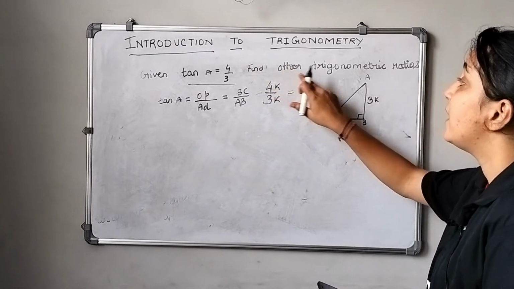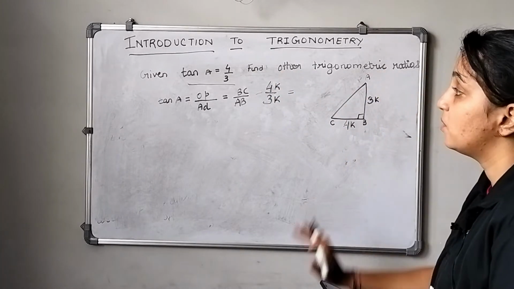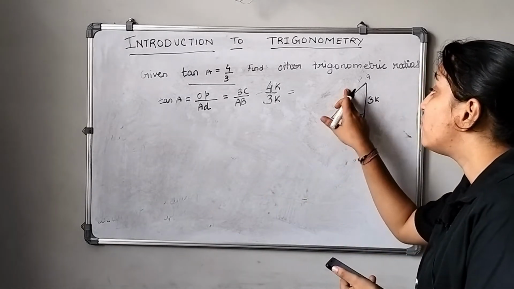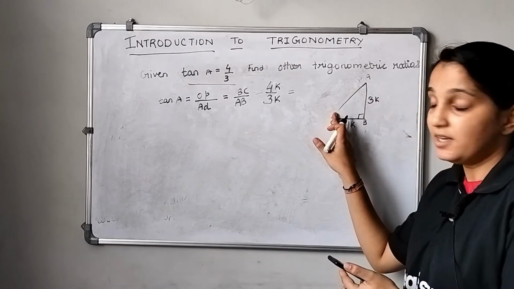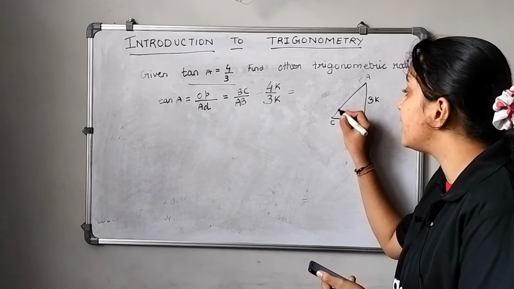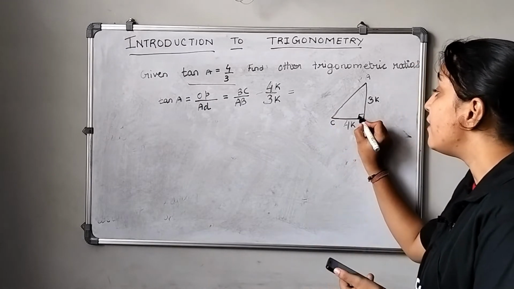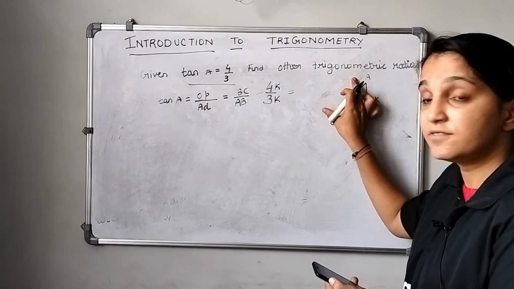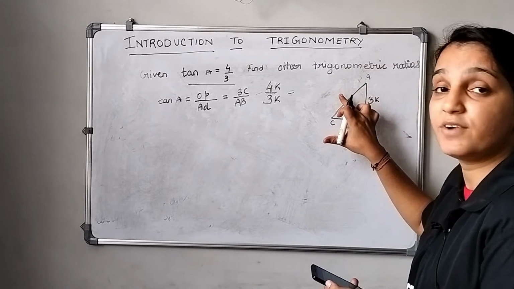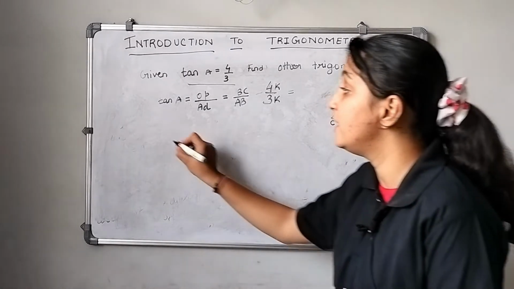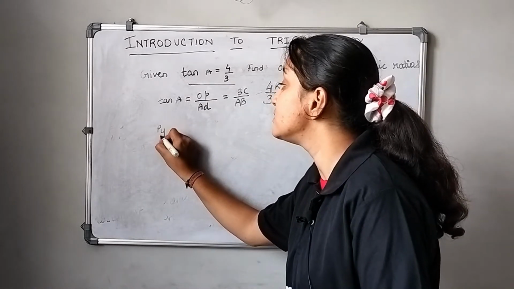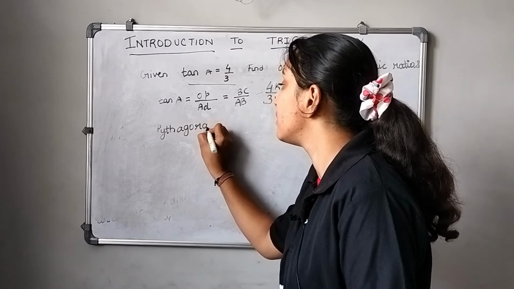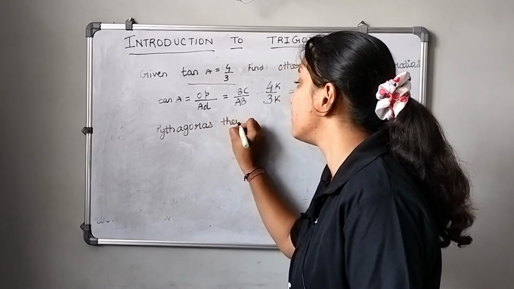And we have been told to find other trigonometric ratios. To find other trigonometric ratios, we have to see what this side is. So, how will we find this side? When you have a right angle triangle and two sides are given and we have to find one side, we use something called the Pythagoras theorem.